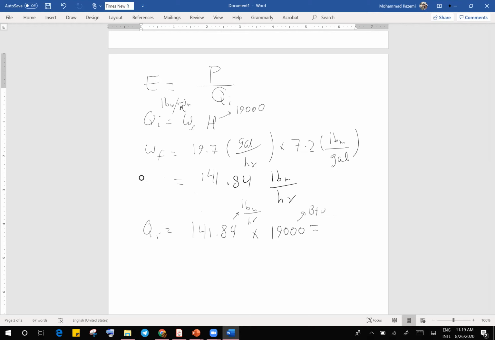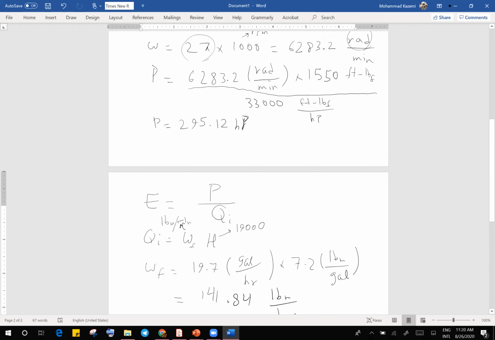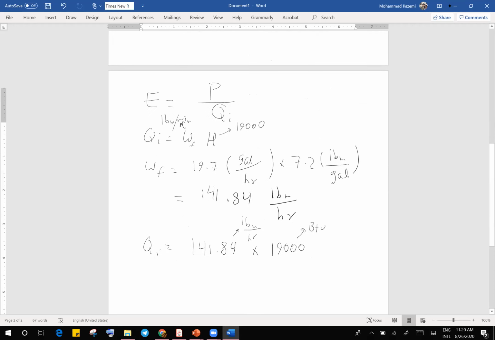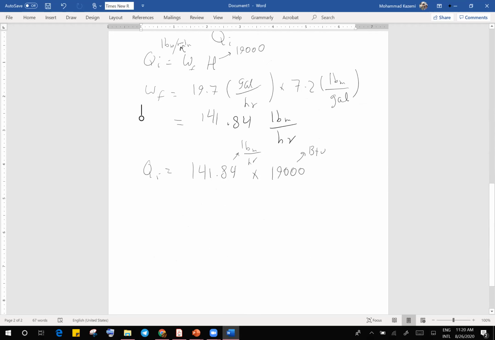What would this be? Oh, we need to convert hour to minute as well, because the conversion that we have is per minute, feet pound force per minute, eventually, that we report there. So 1 hour is 60 minutes.